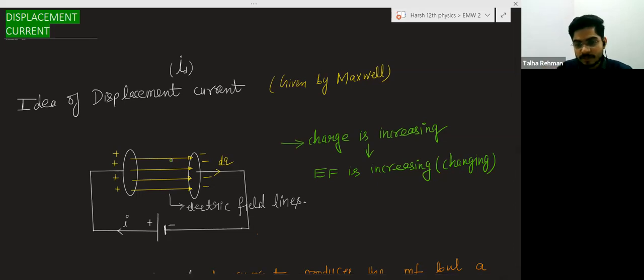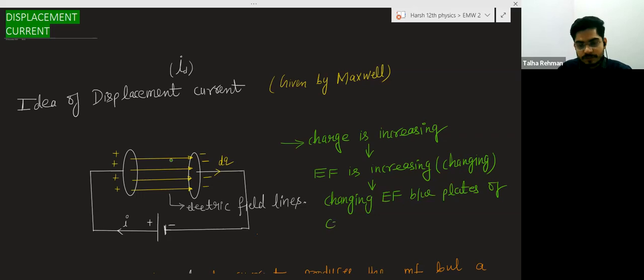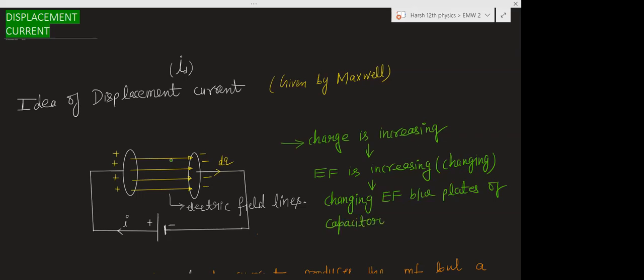Changing electric field between the plates of the capacitor. Sir, I'll note this down.